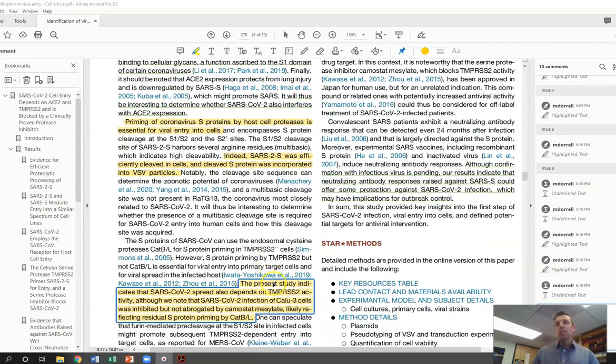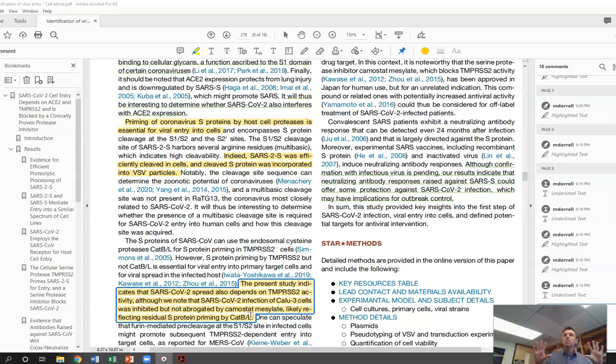And then down here, the present study indicates that SARS-CoV-2 also depends on TMPRSS2 activity. We note, however, that SARS-CoV-2 infection was inhibited but not completely gone by the TMPRSS2 inhibitor. And this is why they think there must be another entryway. But this is an exact result. So somewhere in the results, they must show that TMPRSS2 blocks entry, but not completely, meaning there's something else.